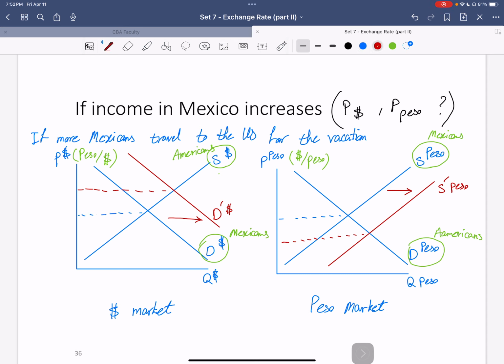So what happens? We see that dollar has appreciated, let's say from 19 pesos per dollar to 20 pesos per dollar. So this goes from 1 over 19 to 1 over 20, and it depreciates.